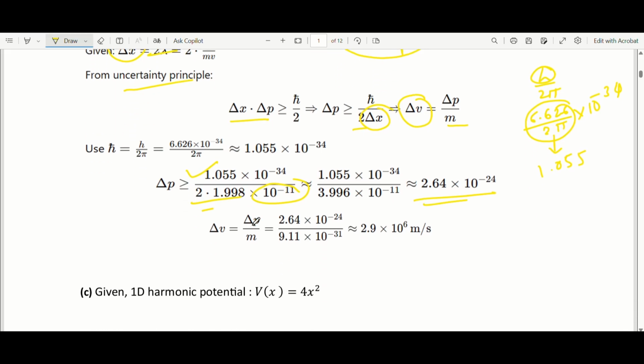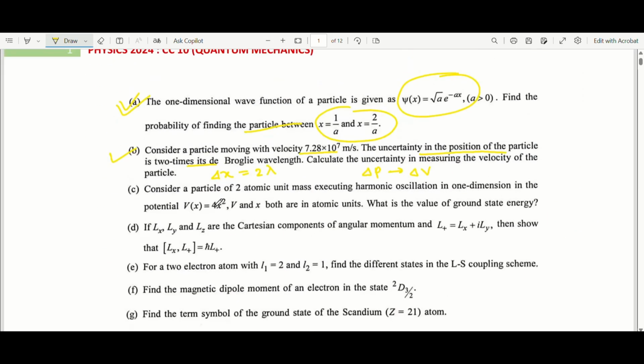After finding del p, from del p we can find del v, that is del v is nothing but del p by m, where m is the mass of that particle. Here the particle is given as, okay, consider a particle moving with a velocity.